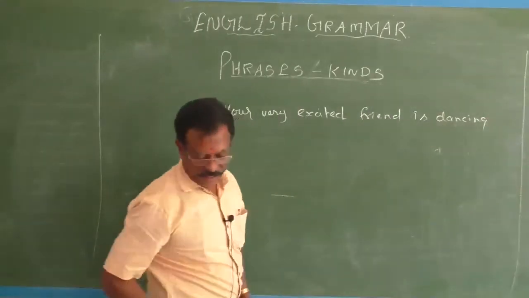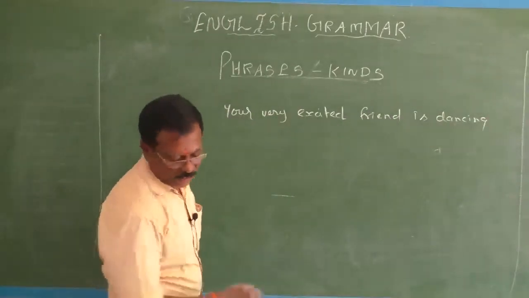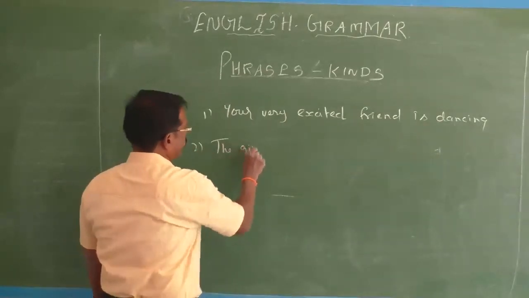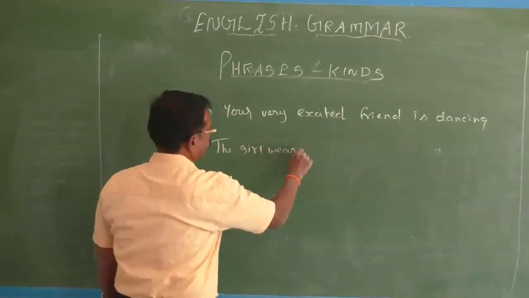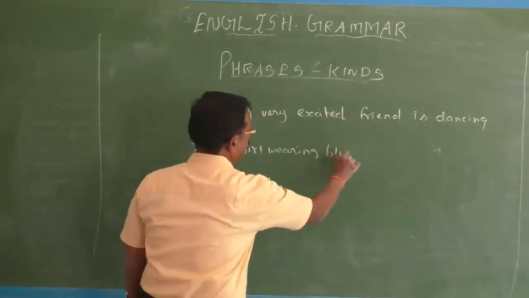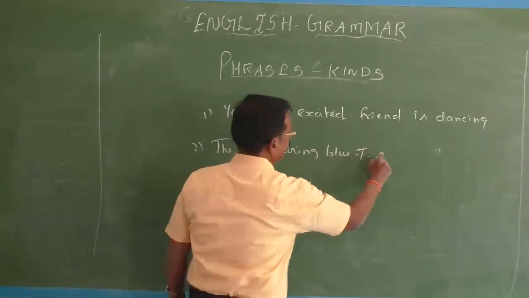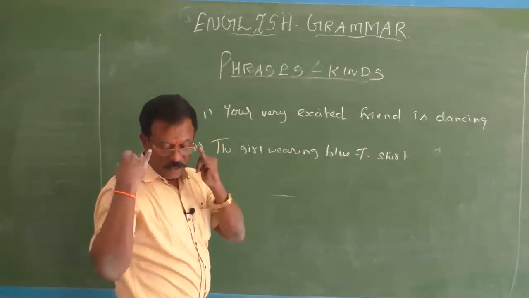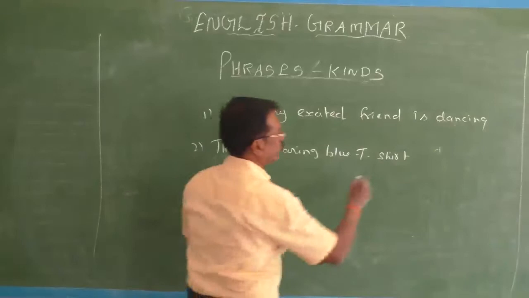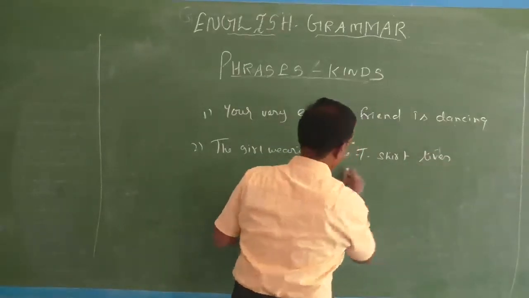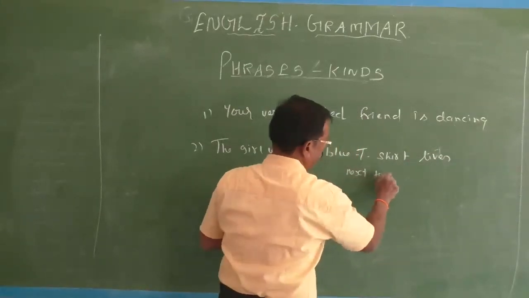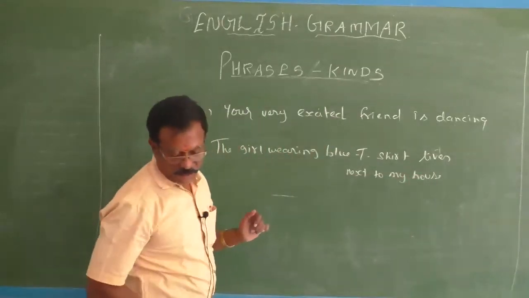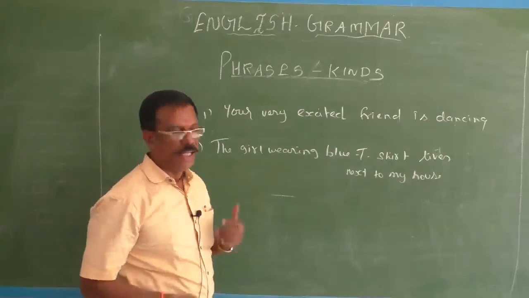Okay. Second sentence. The girl wearing the blue t-shirt lives next to my house. Then, her behavior was highly rude.